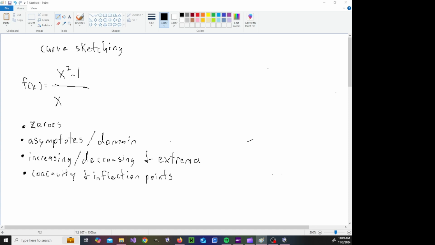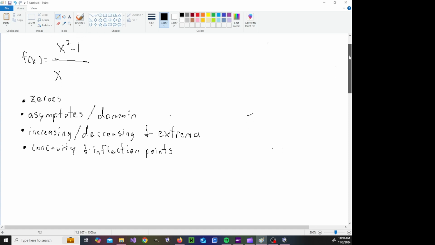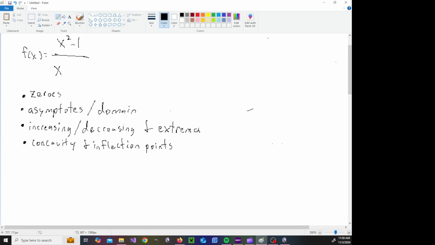So what does this actually end up looking like? Well, we want to find first the zeros of this function, right? So when this function is equal to 0, oh, sorry, I think a better way to phrase this is I really want to say intercepts, right? So we mean x and y intercepts, and y intercepts.